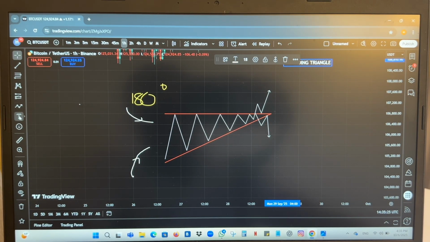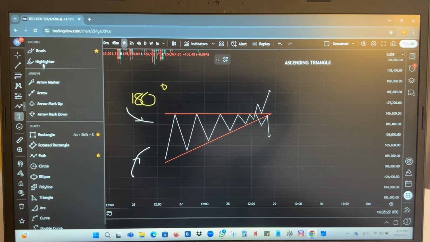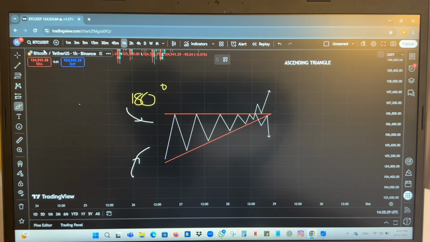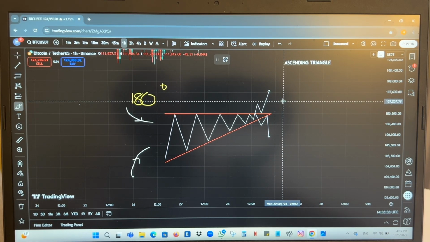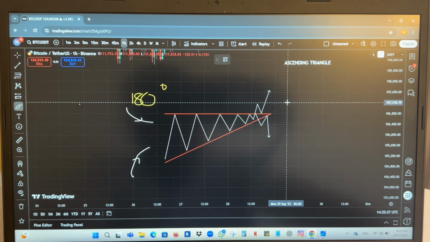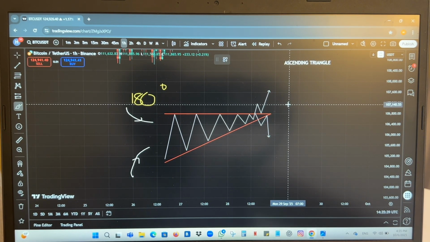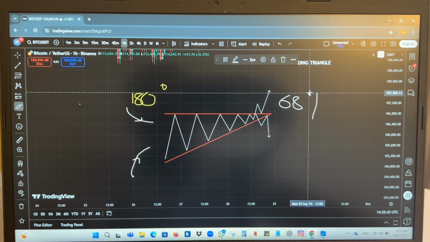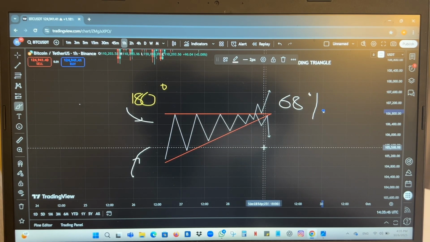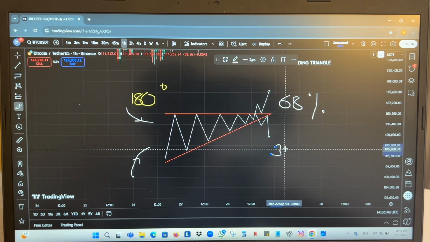So just like before, there is a probability that it goes up and it goes down. The percentage of it going up is 68%, and there is a chance of it going down as well, that is 32%.